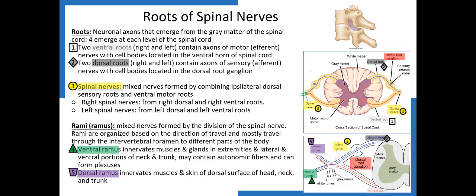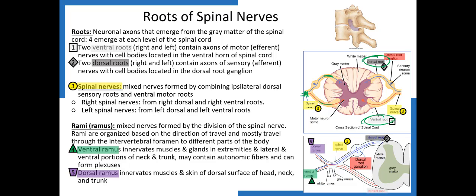If you look over here, in order to form a spinal nerve, you've got a root that comes out of the spinal cord at the back, and that part that emerges from the back of the spinal cord is called the dorsal root. The similar part that emerges from the front of the spinal cord is called the ventral root, right?